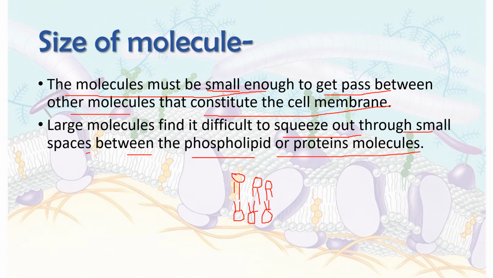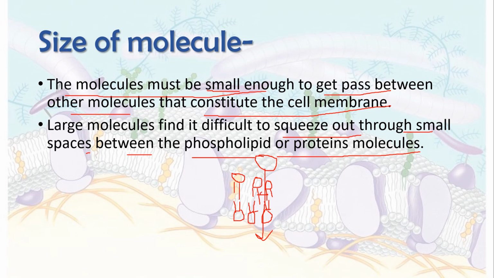So if a bigger molecule, suppose this is a bigger molecule, tries to cross the cell membrane, it could not, because there is not much space between these 2 phospholipid molecules.